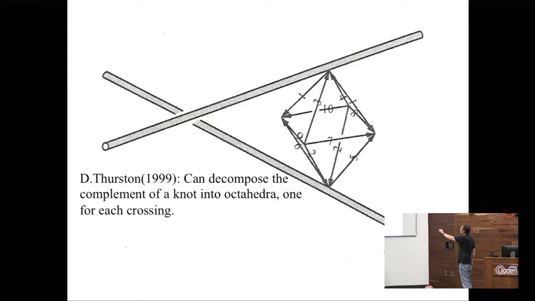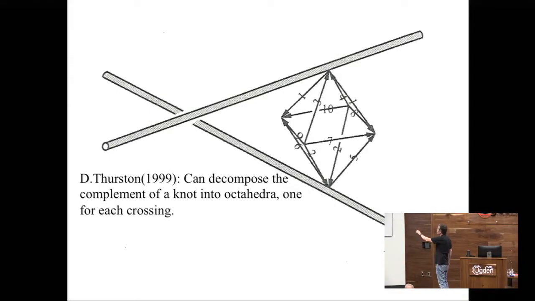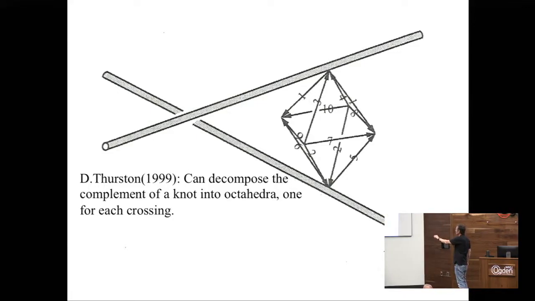And what you do is you take this vertex and pull them up to a finite vertex above. You take the front vertex and the back vertex and you pull it down to a finite vertex below. And if you do this at every one of the crossings and glue together the faces appropriately, you can fill up the entire complement of the knot. It's really a beautiful combinatorial argument that he proved.